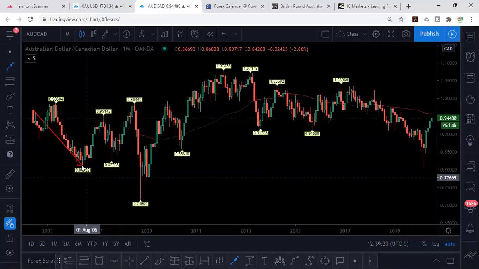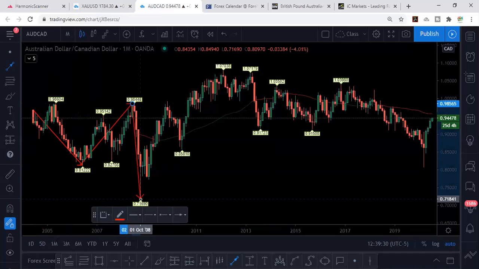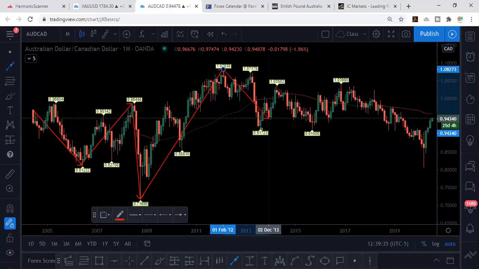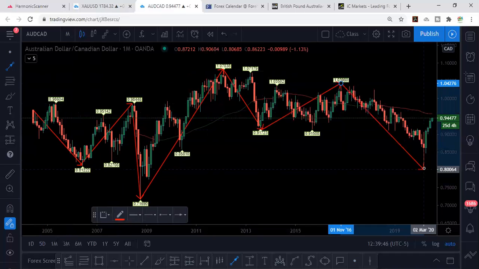Let's make it from here to here, from here down here, from here up here, down here.